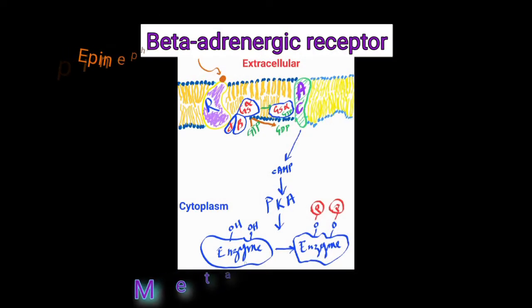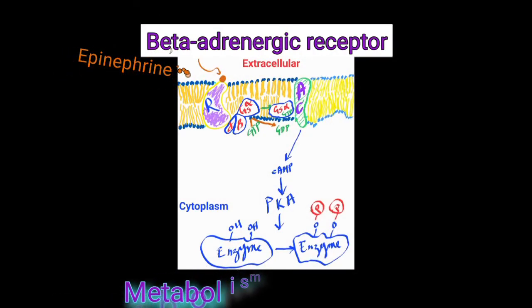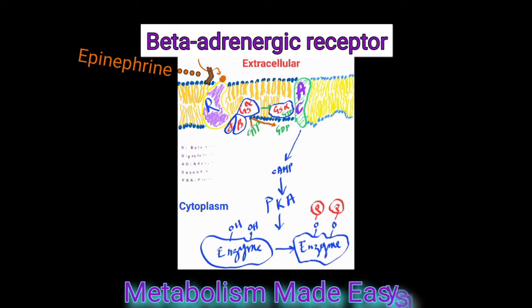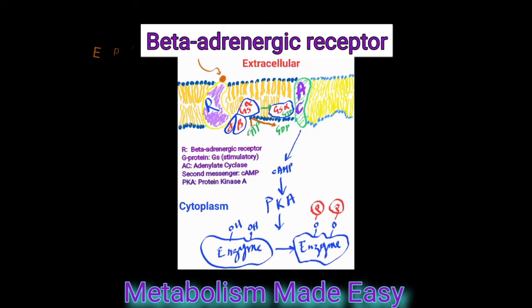The first feature of the adenylate cyclase system is the receptor that initiates the activation of the enzyme adenylate cyclase and the second messenger it eventually produces.